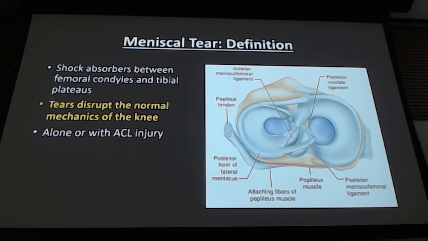Okay, so when we talk about the anterior posterior horn, that's where we left off. So the tears disrupt what? Mechanical. I should have put that in like super gold. Because mechanical is a word you need to associate with meniscal tears, meniscal pathology. If patients have mechanical symptoms, what did I tell you guys? Catching, locking, clicking.